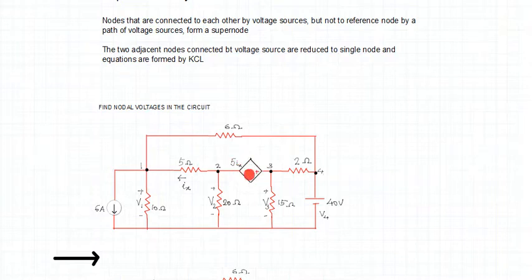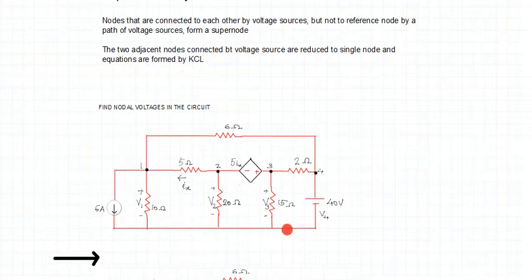What you observe is that this current controlled voltage source is connected between two nodes, between node 2 and 3. The moment there is a voltage source between two nodes, the two nodes become a supernode. What is essential is that it should not be at the reference node. This voltage source must not be connected in any way to the reference node, which is always this node.